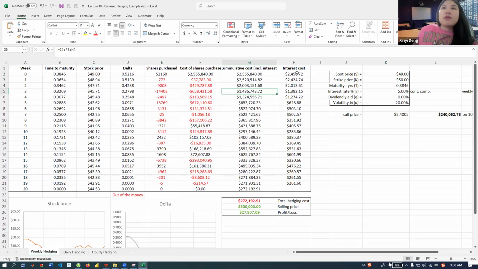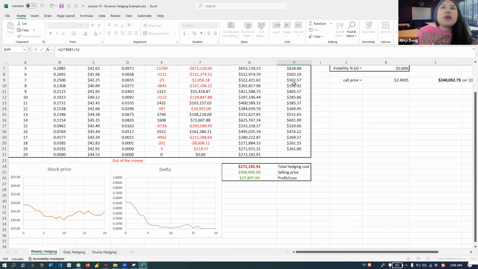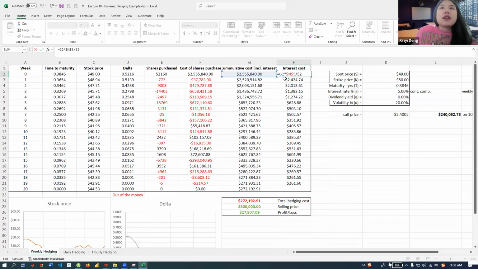And furthermore, as we can see for the cumulative cost, we included interest cost. That interest cost is just the cumulative cost we spent in the underlying asset in the spot times the interest rate divided by 52.